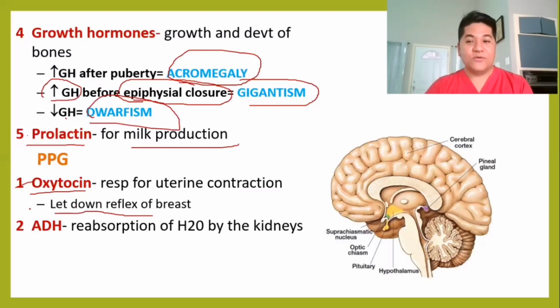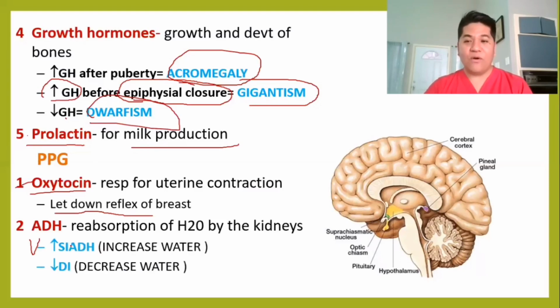Okay, moving on, for antidiuretic hormone, also known as vasopressin, it reabsorbs water by the kidney. So it means the more antidiuretic hormone, for instance in syndrome of inappropriate antidiuretic hormone, or increased water reabsorption, thereby you could have edema as well if too much, and increasing the blood pressure.